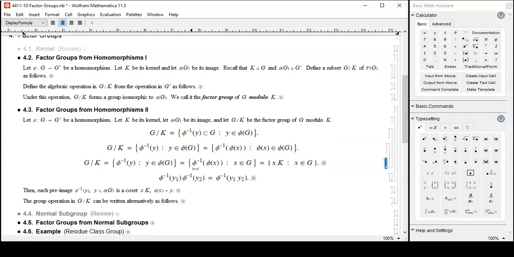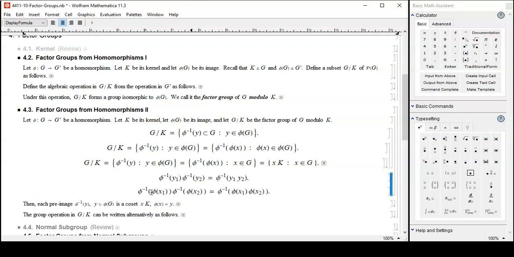And as for this group operation, well, y1 and y2 are phi of x1 and phi of x2 respectively. So phi of x1 times phi of x2. And if I give you one more hint, because phi is homomorphic, you're going to get something like this by putting these together.